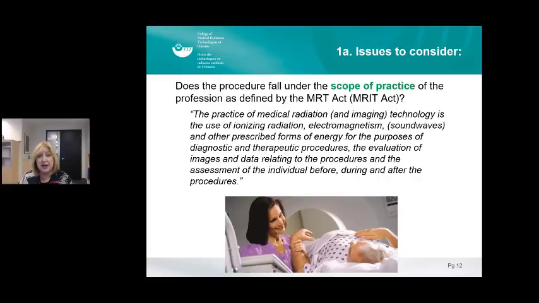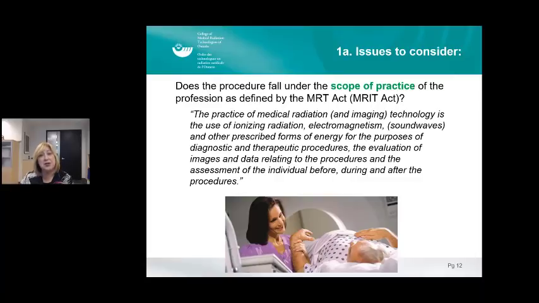So under the MRT Act and the MRIT Act, the scope of practice of the profession is defined as the practice of medical radiation and imaging technology: the use of ionizing radiation, electromagnetism, sound waves, and other prescribed forms of energy for the purposes of diagnostic and therapeutic procedures, the evaluation of images and data relating to the procedures, and the assessment of the individual before, during, and after the procedures.